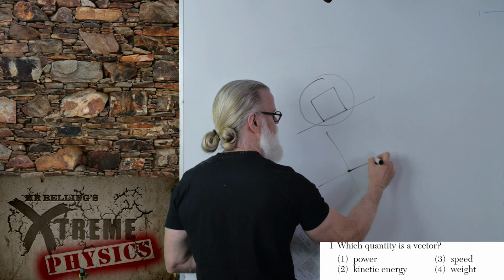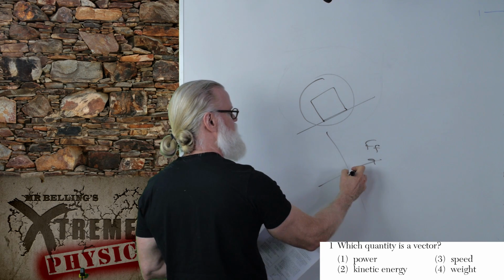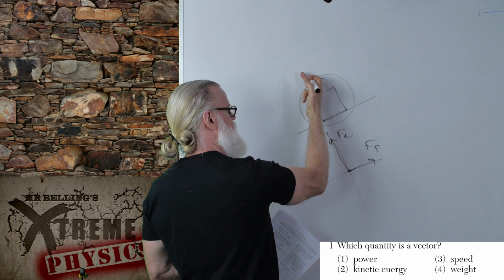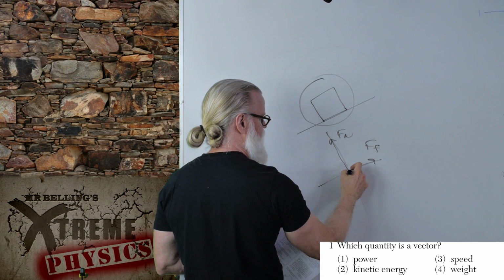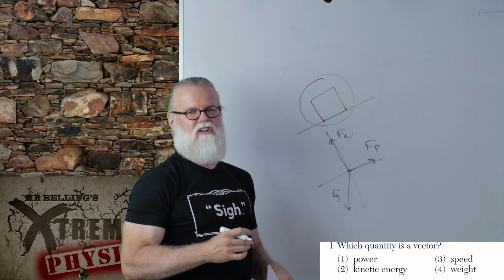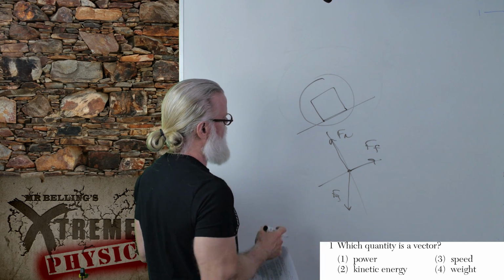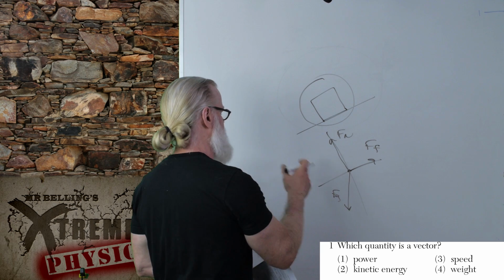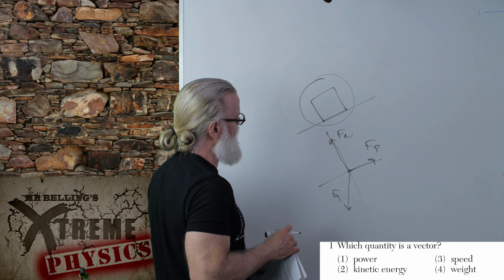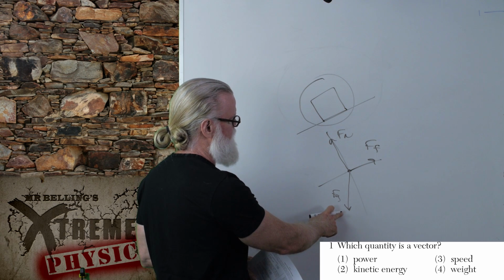Well, we have the force of friction up the ramp, and we have the normal force, the ramp is pushing up. And then we also have the weight, F sub g. That is a vector. We've drawn it as a vector.